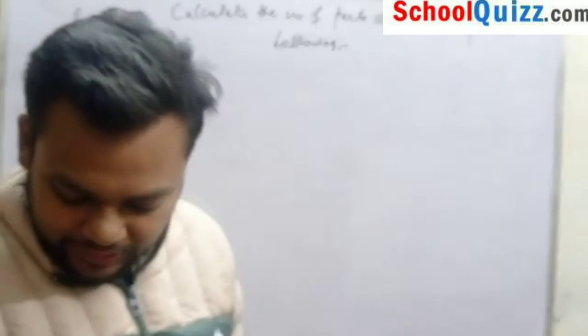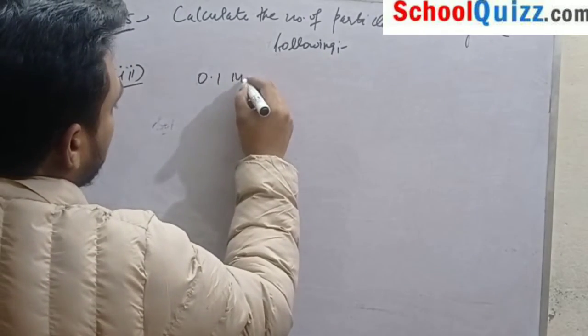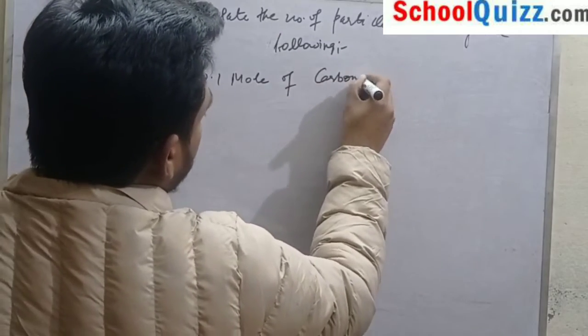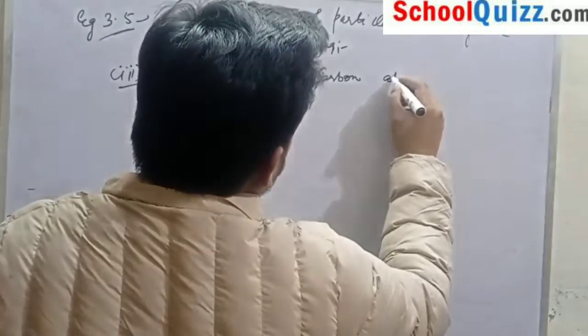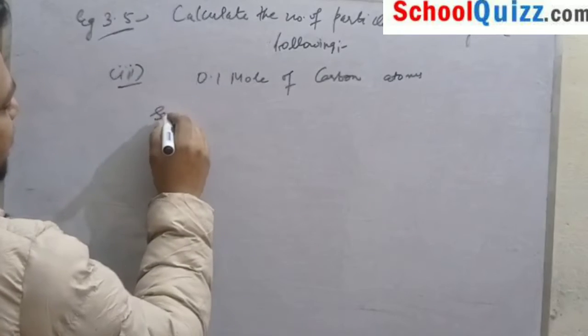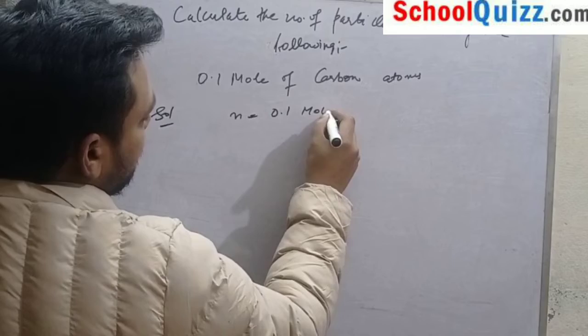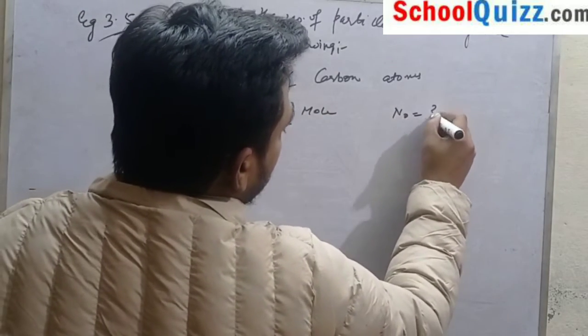Third part is 0.1 mole of carbon atoms. So we will discuss what is given. n is given, that is 0.1 mole, and n naught we have to find.